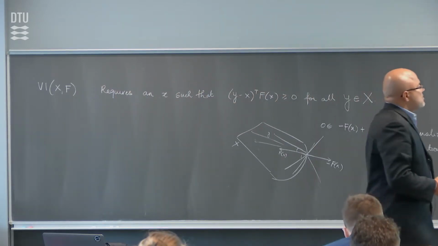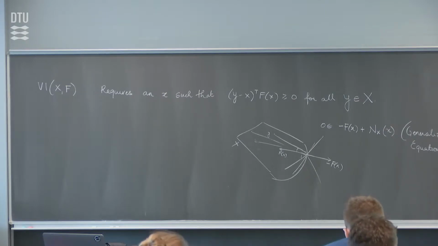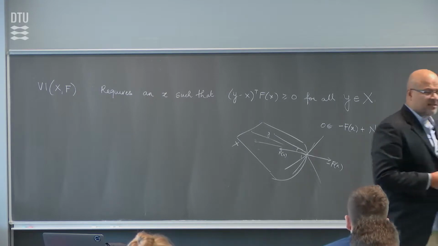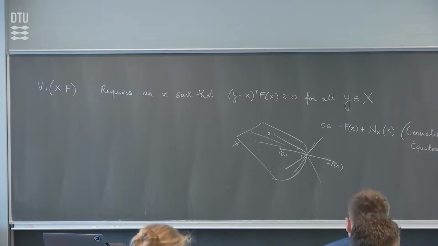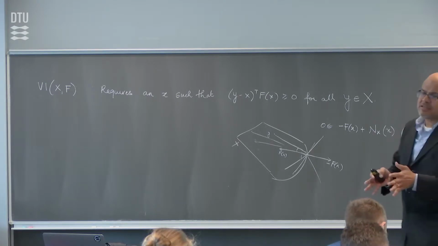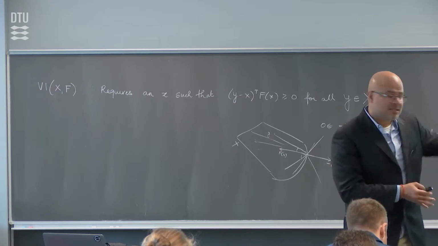We're going to assume that the function is differentiable, so we're minimizing a differentiable convex function over a closed and convex set X. Then the following holds. This is a necessary and sufficient condition, which just means that an equivalent statement for the optimality of X is this condition.